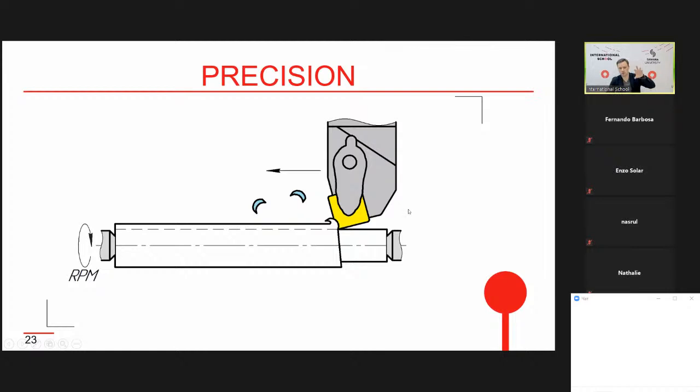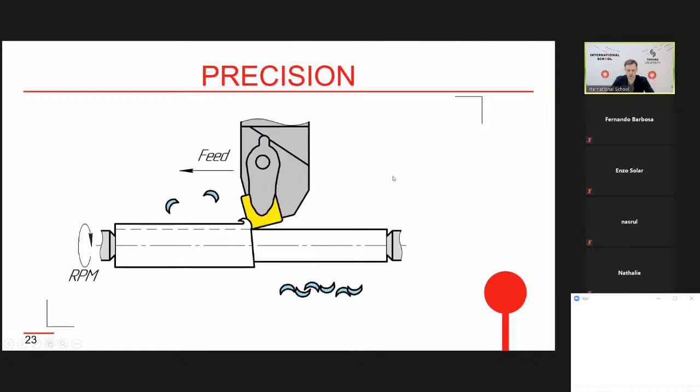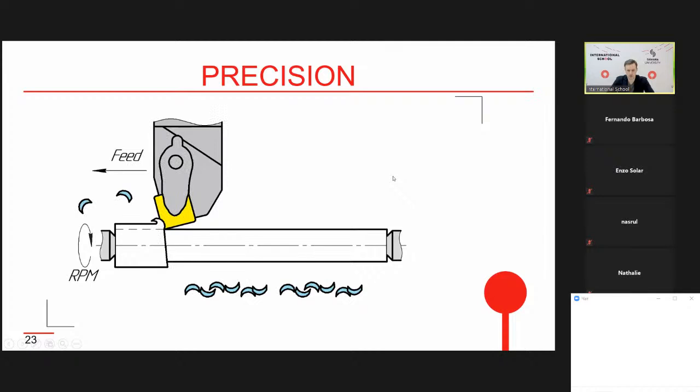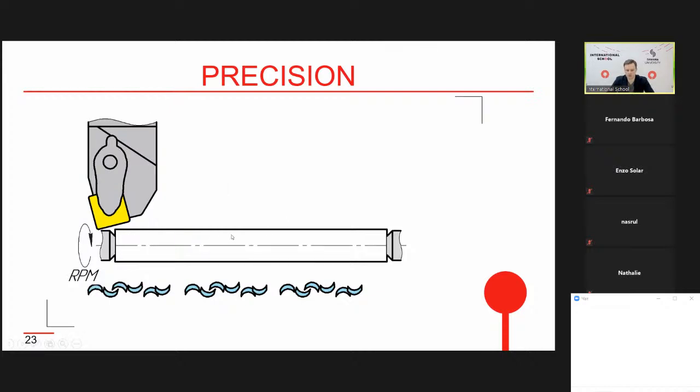So the cutting tool moves. Okay, and finally we have the shape of our shaft. The trajectory of movement of the cutting tool was a straight, horizontal line. That's why we have a cylinder surface of the workpiece.